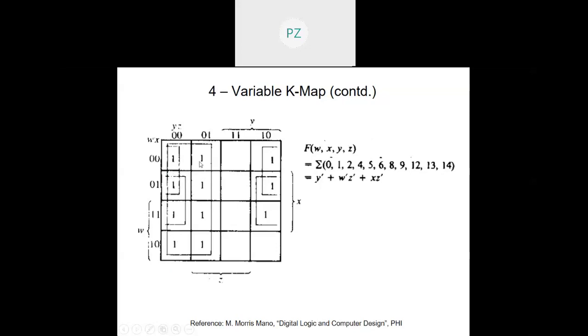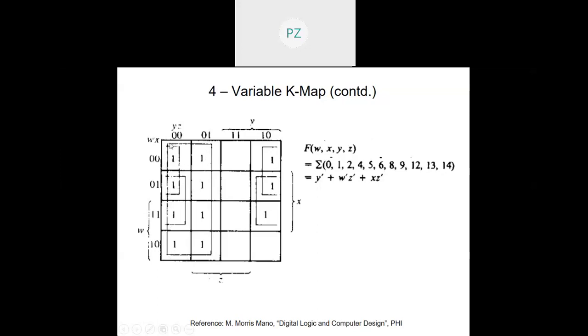Suppose these two ones were not there, or only one of them was there, so I could not have combined 6 because 6 is not a power of 2. So it has to be combined, leaving a single bit or two adjacent bits together, or 4 bits or 8 bits or 16 bits or 32 bits, as the case may be. So it has to be in powers of 2. So this is the largest. So look for the largest possible combinations of ones where the number is in powers of 2.